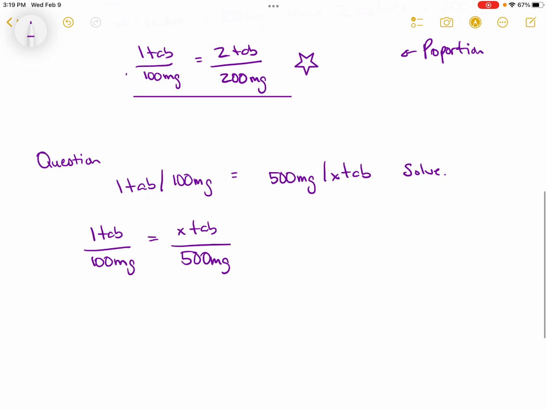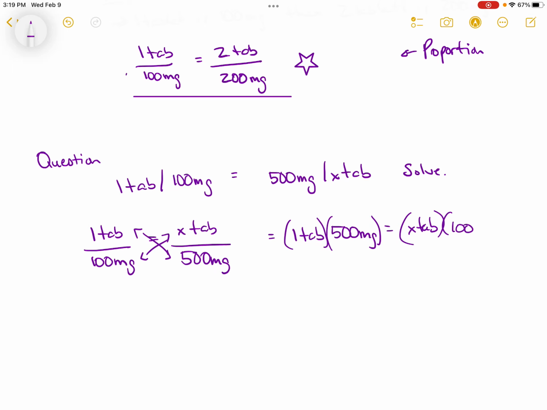Okay, so then how does this become that? Now we're going to cross multiply in order to have this be solved. So we've got one tablet, 500 milligrams, and then we've got X tab and 100 milligrams.